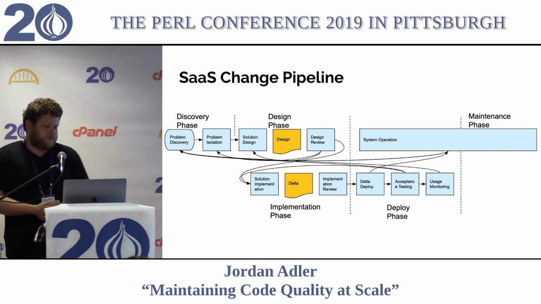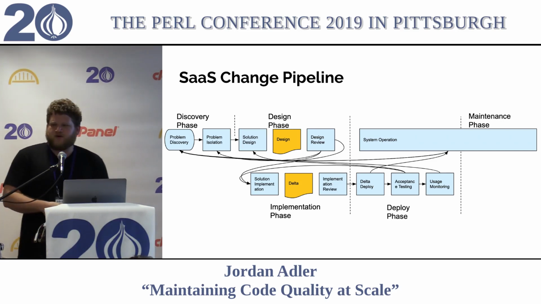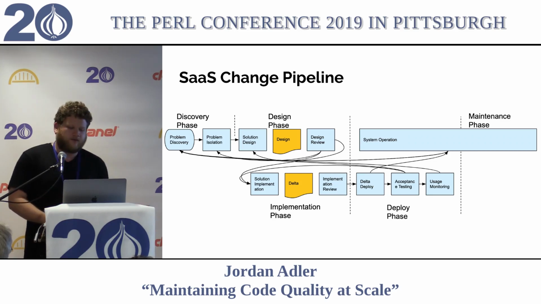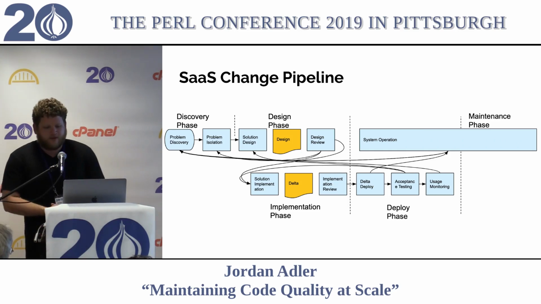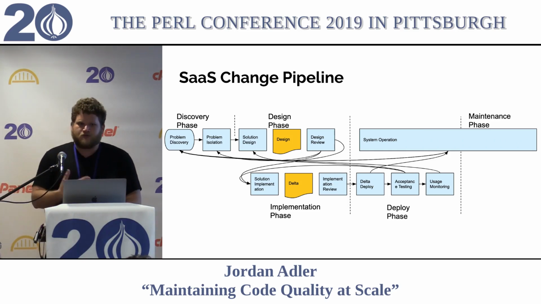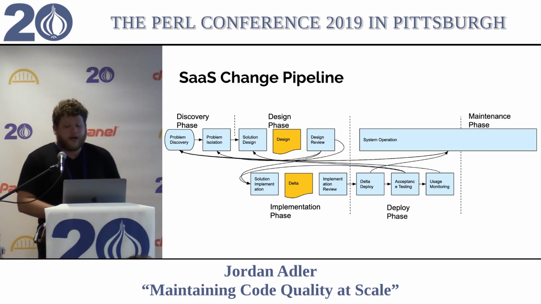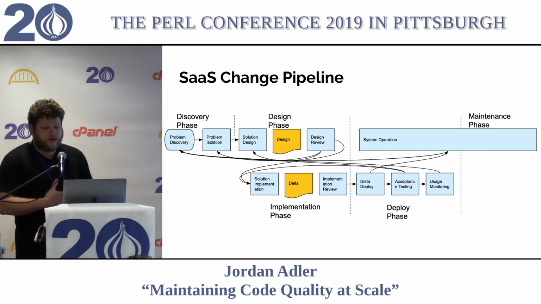And then typically the solution implementation involves a delta, like a code change, a change review of some kind, and then that goes through a review process as well. So you have a design review and implementation review, and we'll talk about that a bit in depth. And then you deploy your change, you monitor your deploy, you make sure that your hypothesis or whatever it is you were attempting to change actually changed in the way you expected. You make sure to monitor usage and make sure that there are no errors or defects that you observe.